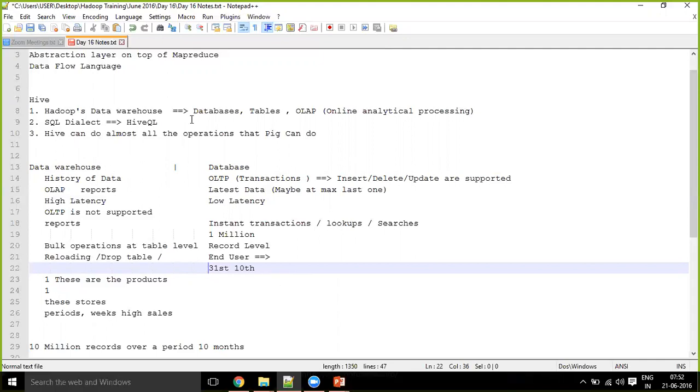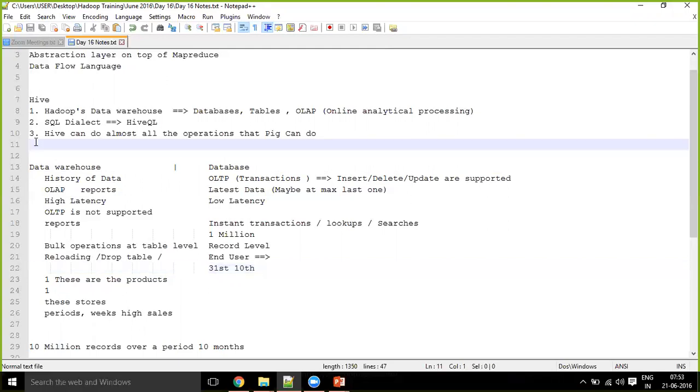This is the typical scenario that happens in data warehouse and database concepts, even in traditional RDBMSs. So to categorize or segregate Hive into these two types, it falls on the data warehouse part.